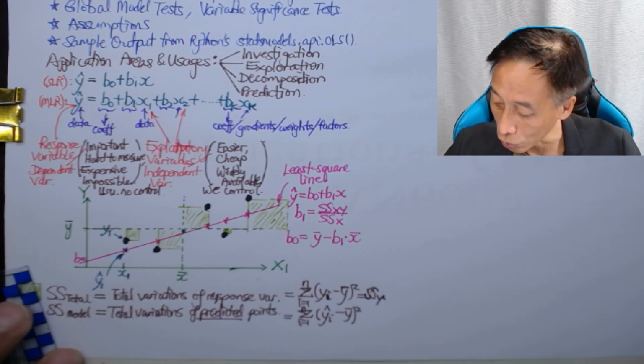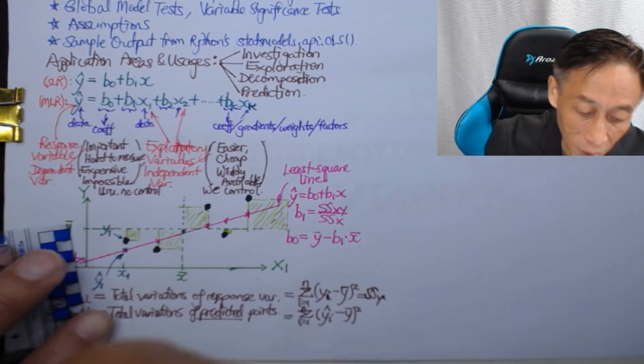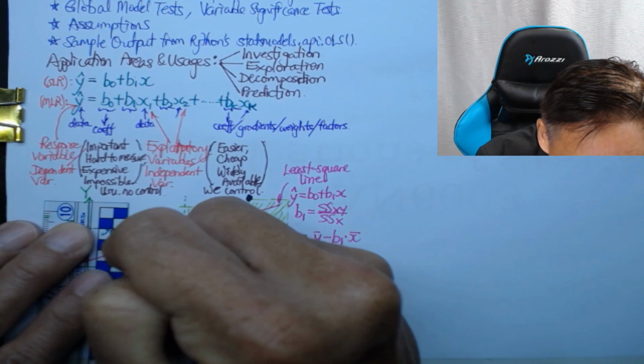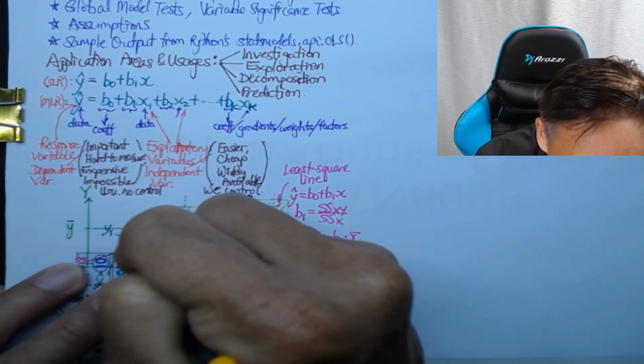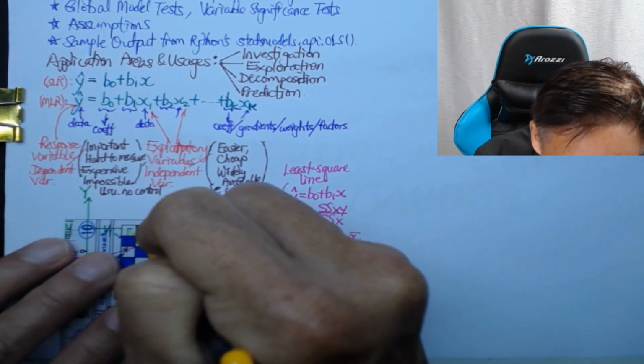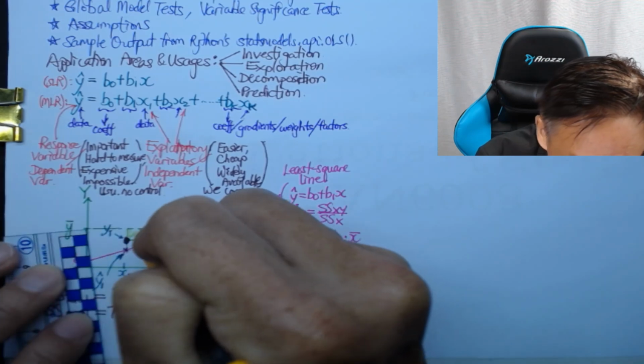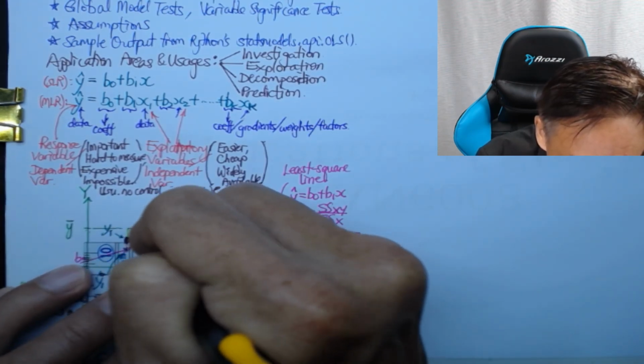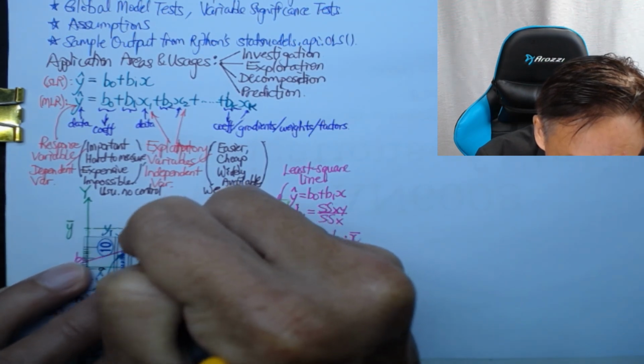Again, I'm going to try to use something light, right? So this being the predicted, so it will be here. A square because the definition is that it is squared, right? So we will use a square here.